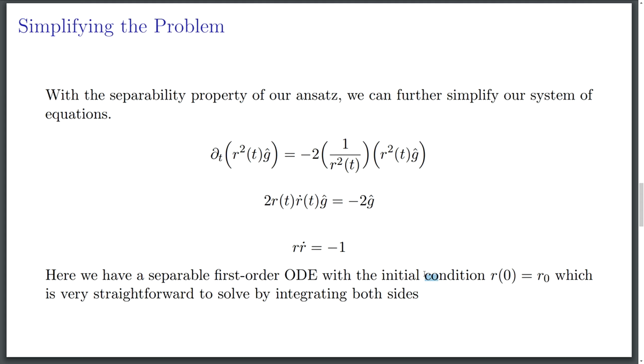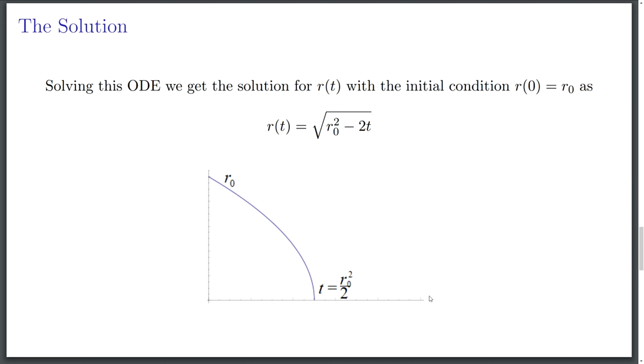I mean, it's like A-level difficulty. So we solve this with the given initial condition, which, like I said, it's a separable first order, and we get a solution for r of t, which is the square root of the square of the initial radius minus 2t, where t is the time that has passed since we started the process of Ricci-Flow.